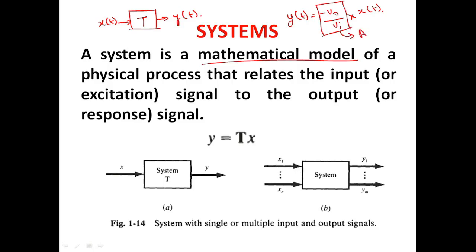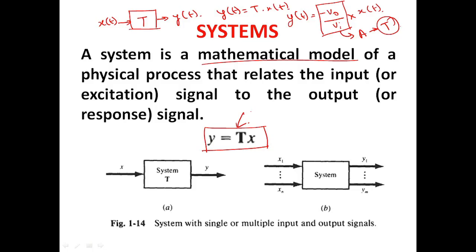This we call the gain, which can also be written as the transfer function T. So we can write y(t) equals T into x(t). This capital T is the transfer function, and it varies from system to system.